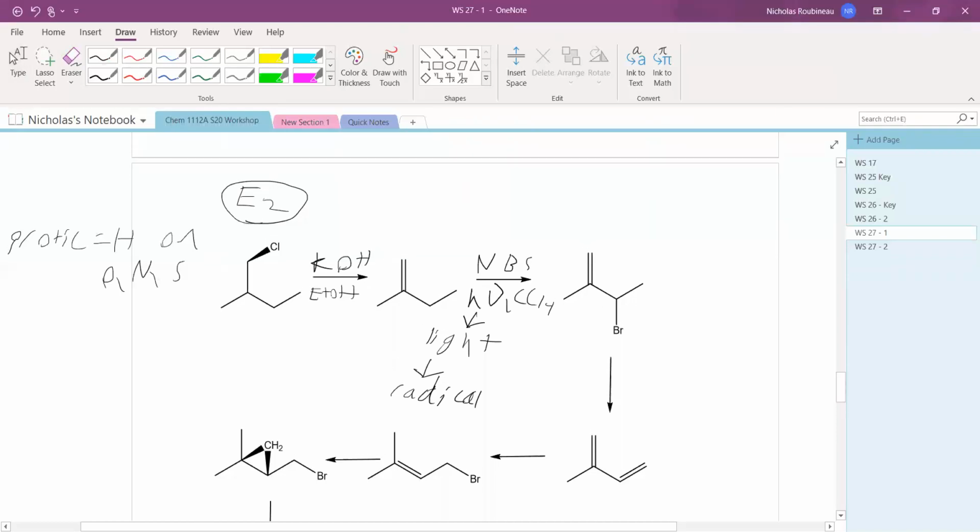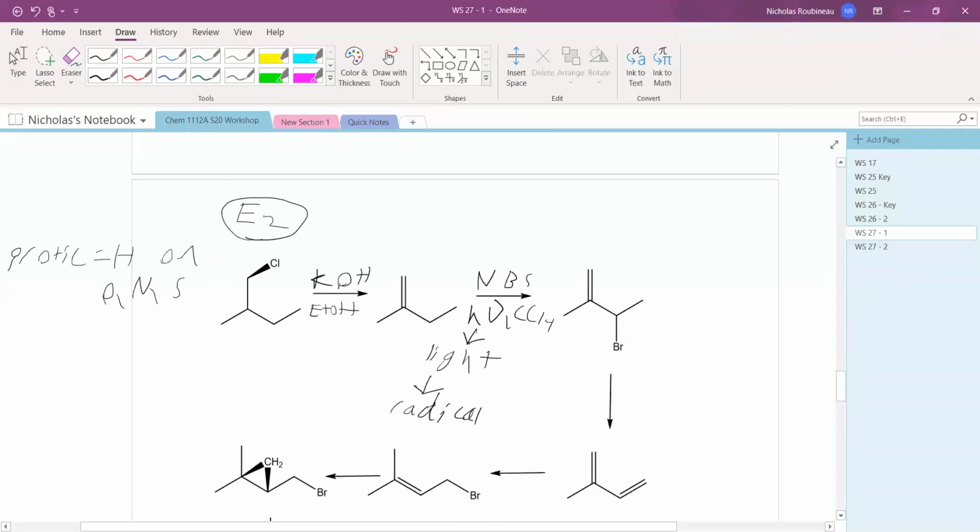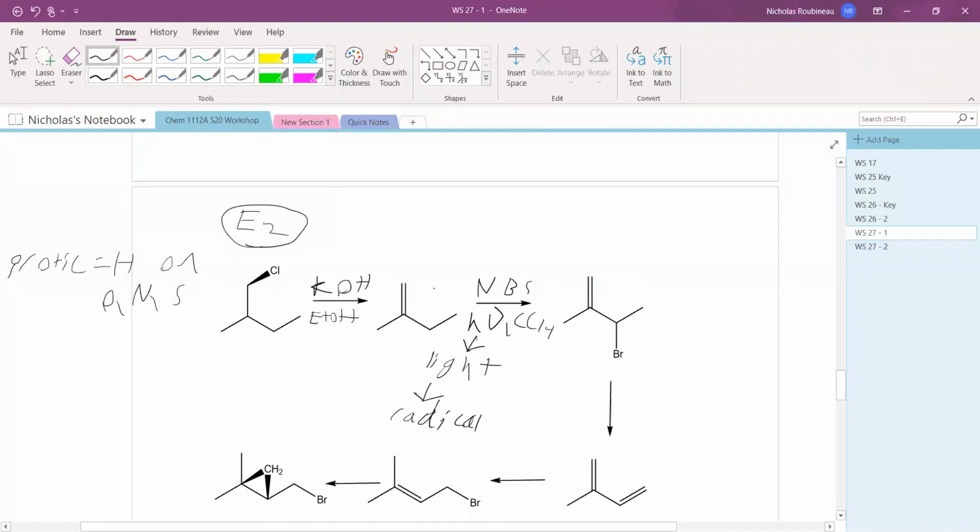If we had used the other NBS reaction I pointed out earlier, just to differentiate the two, because it's an extremely big difference. See, these two products are very, very different from each other.